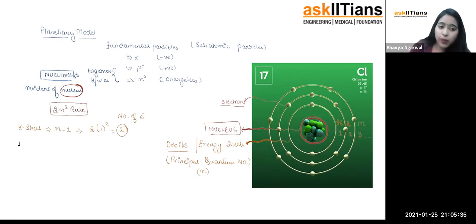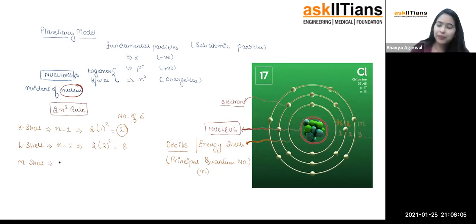Same way, if I talk about the L shell, the n value is 2, which means if I have to put the electrons, it will be 2 into the square of 2, that is 8. So I can put 8 electrons in the second shell. Same way for the M shell. Can you do the maths this time?